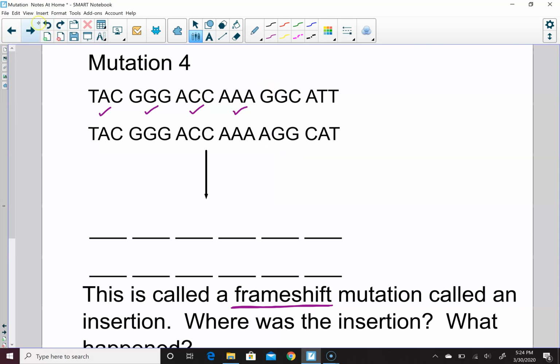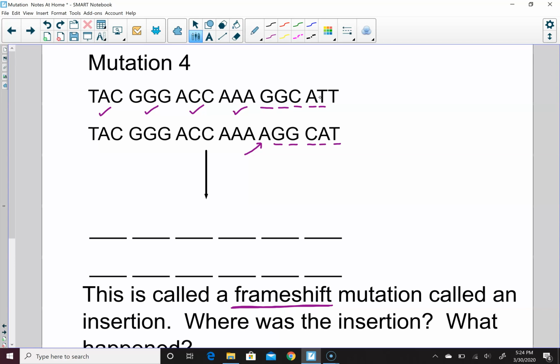In this case, it appears I put in an A. You can see that A was added right there because I look for a pattern. GGCAT. GGCAT. You see how I screwed everything up there? So in it went. And that's how I know that I just did an insertion.